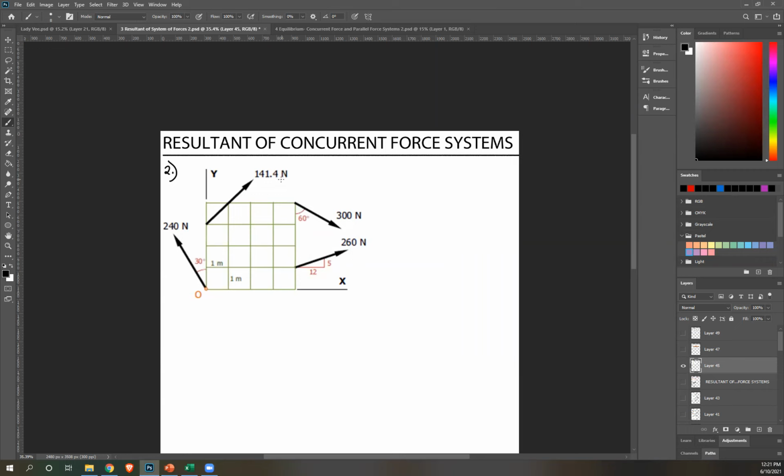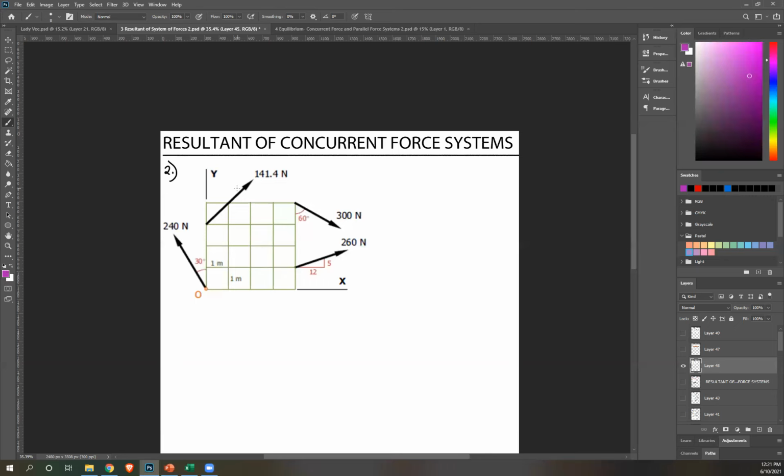We need to get the slope of that, because most likely, as we've experienced in the past, if I were to extend that line of action, and recall, our reference will be point O, this is the perpendicular distance, and that distance is tedious to solve. So we're going to use Varignon's theorem for the 141.4 Newton force.